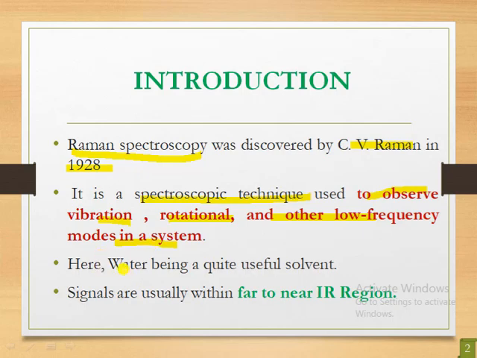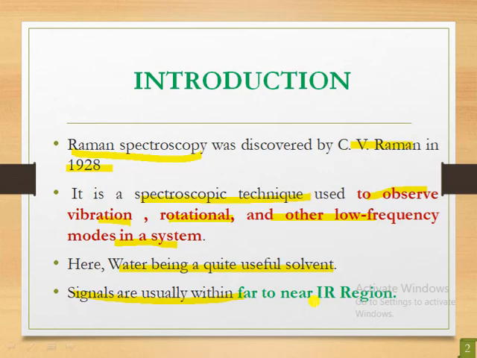Now, water being a quite useful solvent, over here we can use water as a solvent. It's more advantageous than IR spectroscopy because in IR we can't use water. Signals are usually within the far to near IR region, meaning whatever signal we get will only be in the IR region.